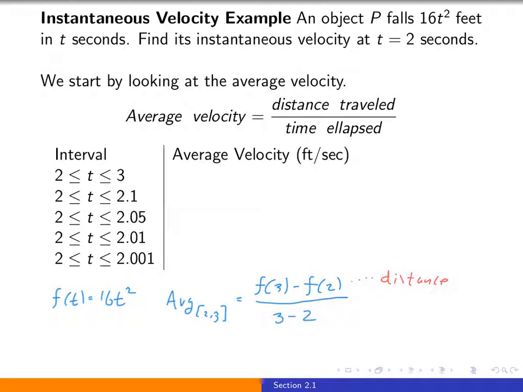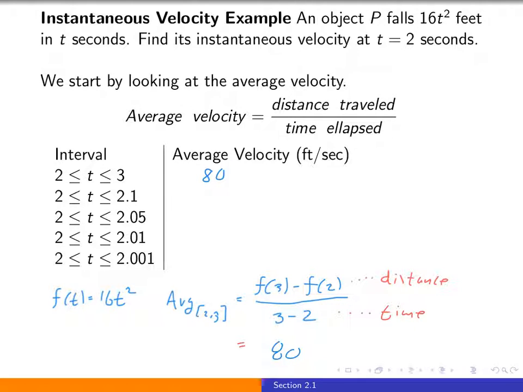It took you 1 second. So this would be time. And for our function, if we plug in 3, put a minus sign, plug in 2, and divide by 1, we are going to end up with 80. So the average velocity on the interval from 2 to 3 is the number 80.